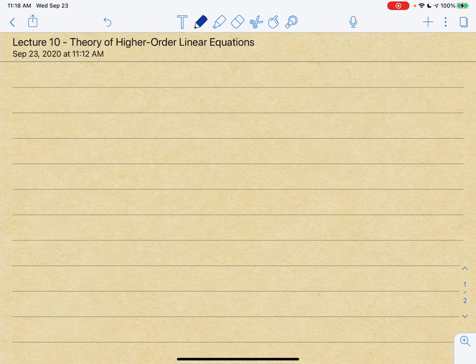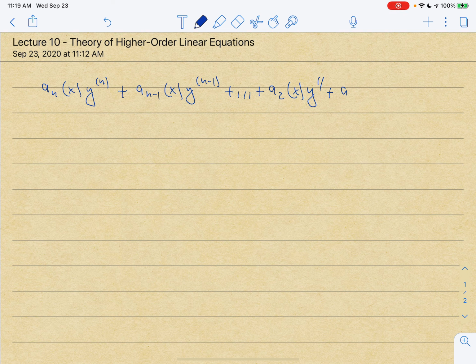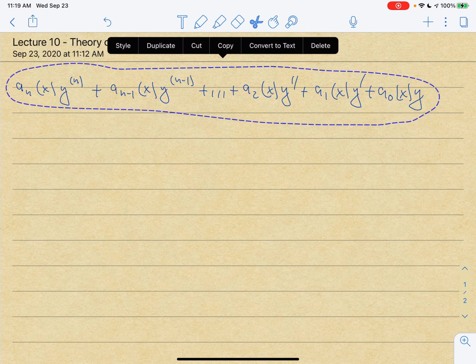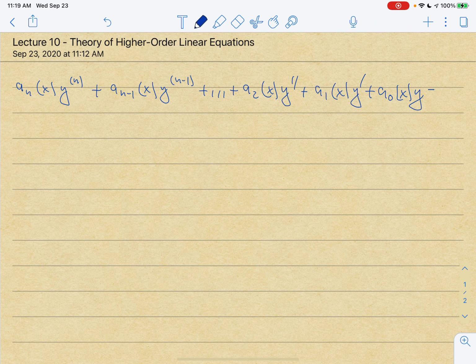It's anything that looks like a_n(x) times the nth derivative of the function y, plus a_{n-1}(x) times the (n-1)th derivative of the unknown function y, plus etc., plus a_2(x) y double prime plus a_1(x) y prime plus a_0(x) times y, and all of that is equal to another function of x, which we will label as f(x).